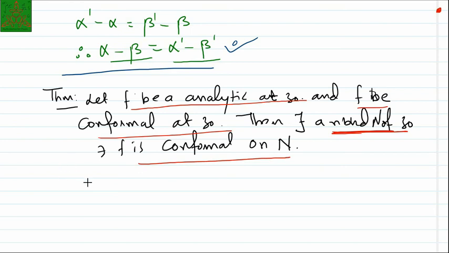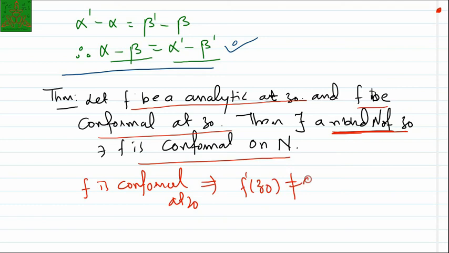In the previous statement, we have proved that if f is conformal and analytic at the point z0, then it implies that f dash of z0 is non-zero. And also we have proved one of the results in one of my previous videos, and let's state that result again here.